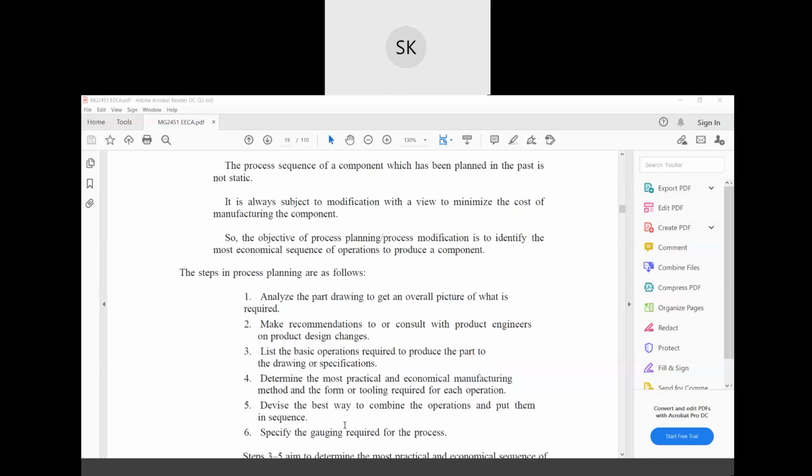So analyze the part drawing to get an overall picture of what is required. Make recommendations to or consult with product engineers on product design changes. List the basic operations required to produce the part to the drawing specification.